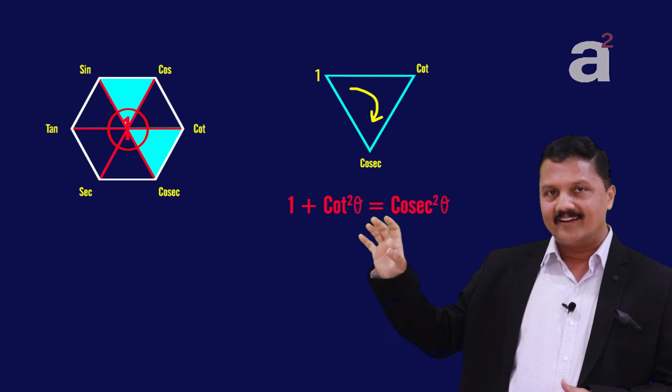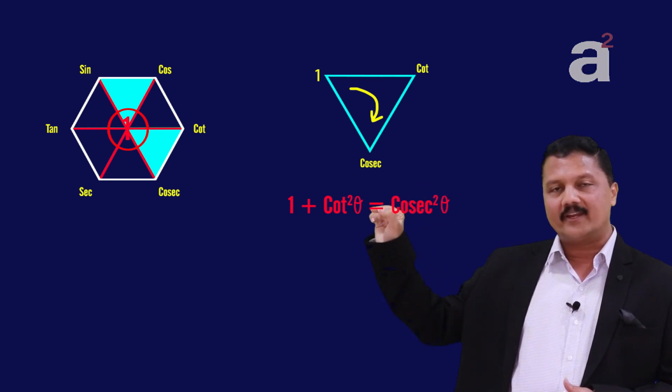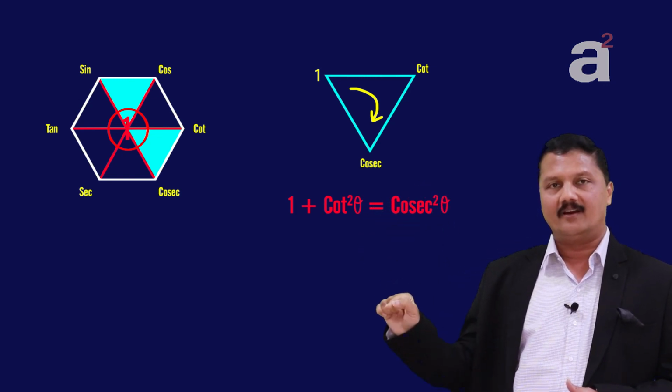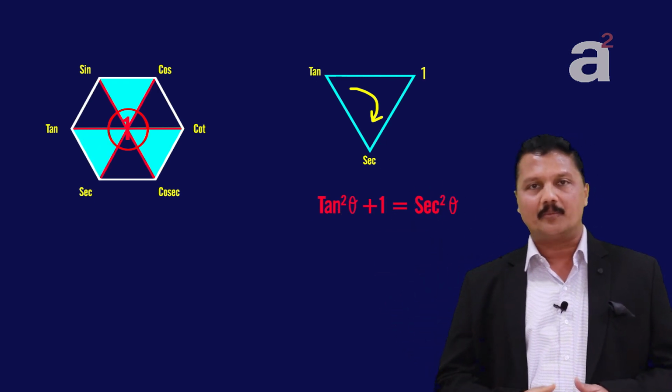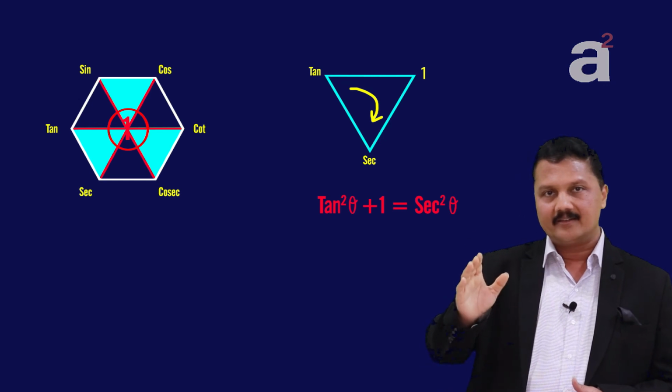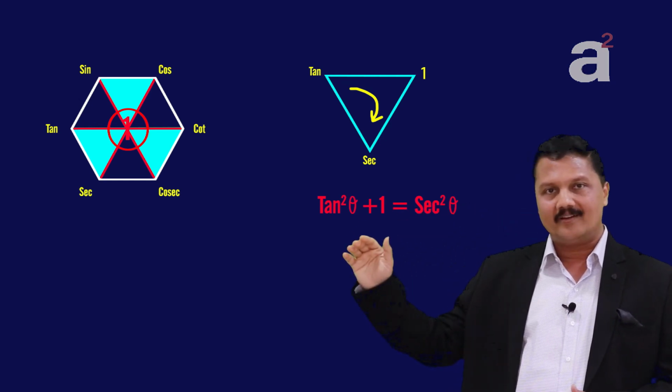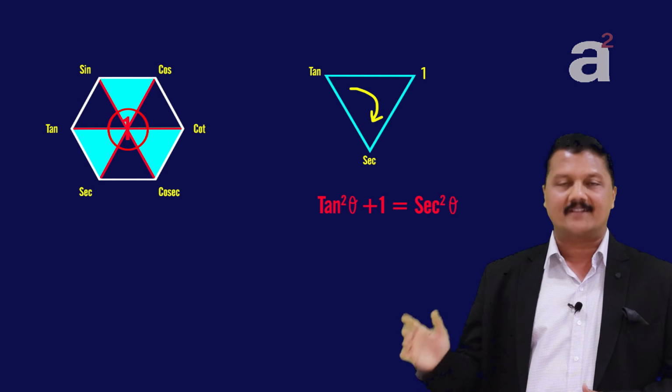So in the second triangle, 1 plus cot square theta is equal to cosec square theta. Clockwise again, on the left side there is 1 more triangle. In that, tan square theta plus 1 is equal to sec square theta. So these trigonometric relations are also evident from this hexagon.